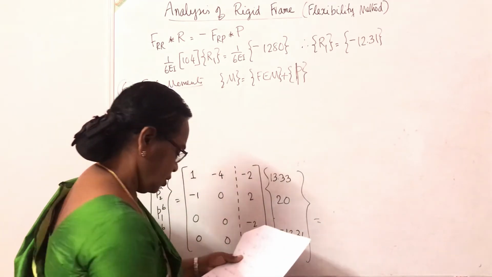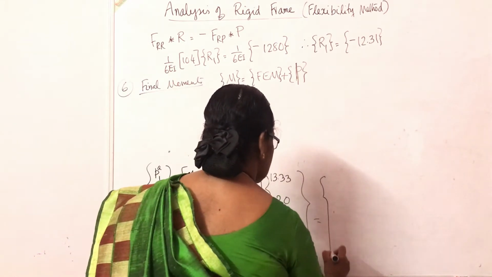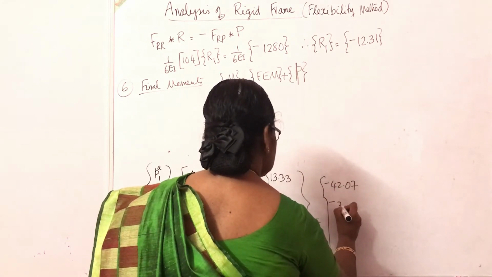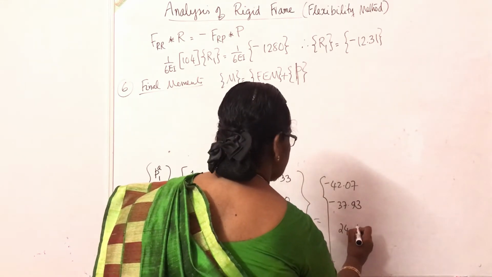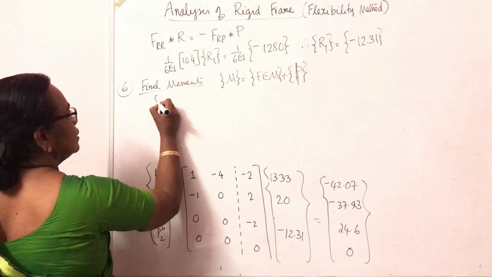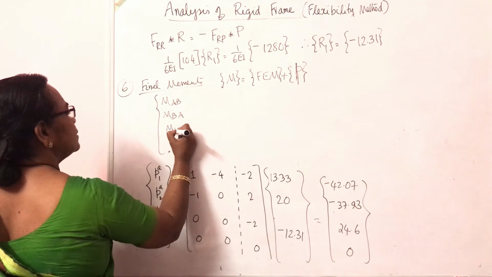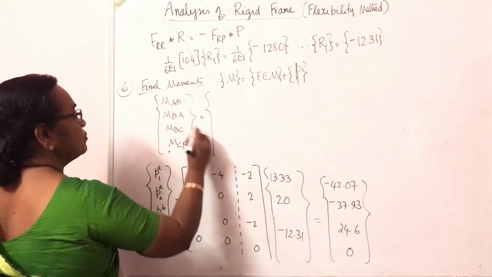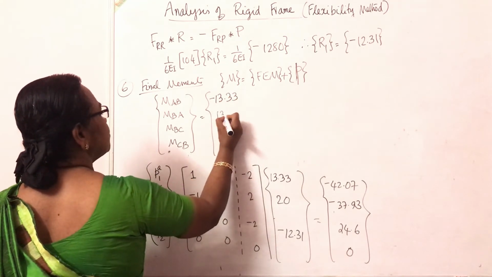Doing this multiplication, you will get the element forces as minus 42.07, minus 37.93, 24.6 and 0. So coming back to this, you have to get first element MAB, MBA, second element MBC, MCB. Fixed end moment. For the first element, there were fixed end moments minus 13.33 and 13.33.